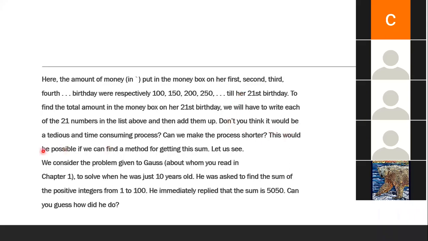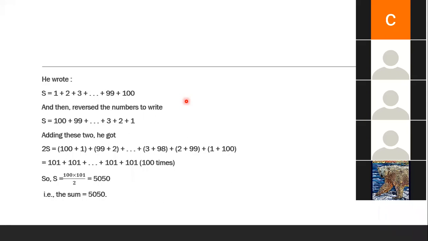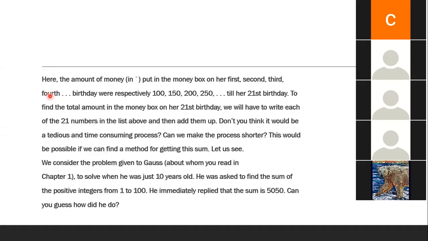Don't you think it will be a tedious and time-consuming process? So there is a formula to reduce the time consumed. We have a formula to find the sum of the first n terms of an AP. First I'll discuss this with an example.